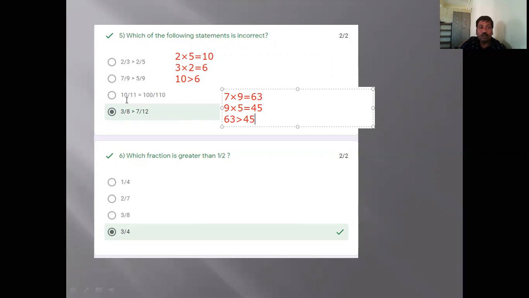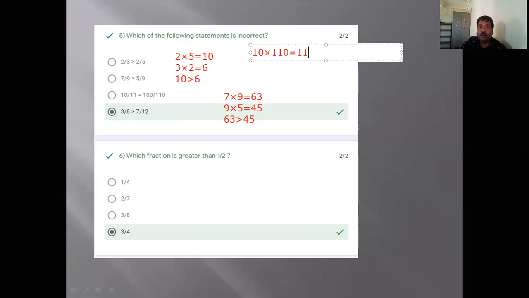But in comparing the next option, 10 multiplied by 110, we get 1100. And now 11 multiplied by 100, we also get 1100. So both are equal. It means both fractions are equal to each other.